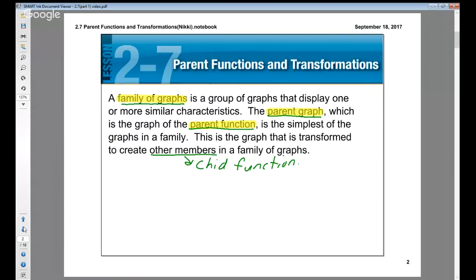So before we get started on describing child functions, I will introduce you to the 4 different types of parent functions.